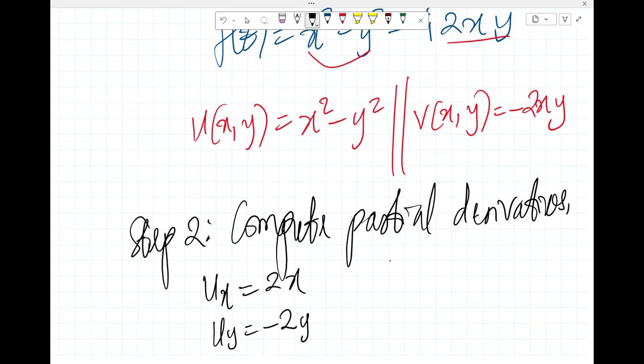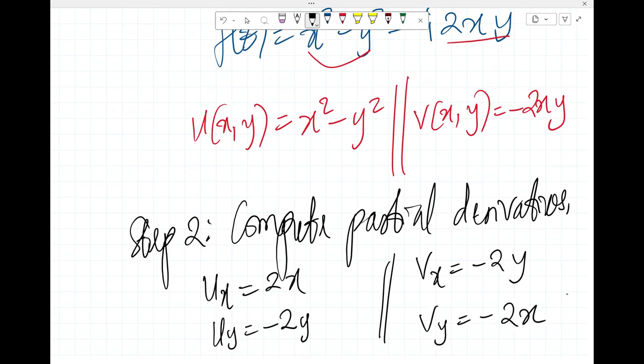Then on the other side, you have v sub x, that is minus 2y, and you have v sub y, that is minus 2x, like that. So u sub x is 2x, u sub y is minus 2y, v sub x is minus 2y, v sub y is minus 2x.